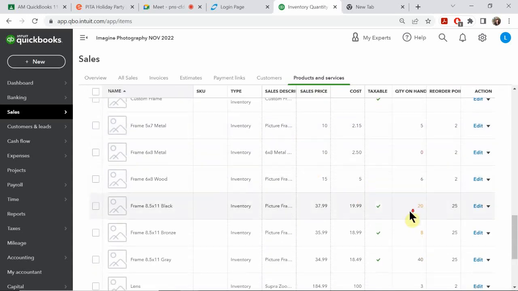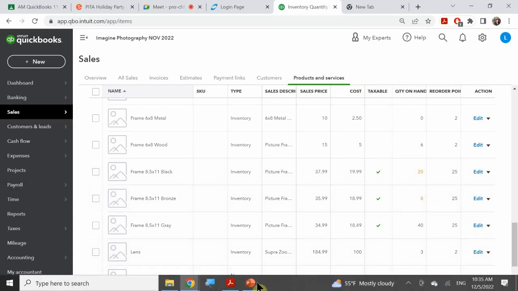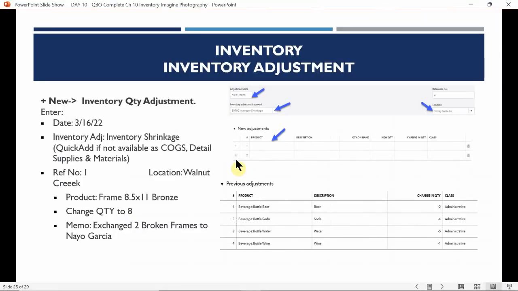So right here you have 20 of the metal or the black, you got 8 of the bronze, and you got 40 of the gray. So right there, it automatically adjusted this right here. Okay. All right. So again, oftentimes you'll run into situations where that will happen.